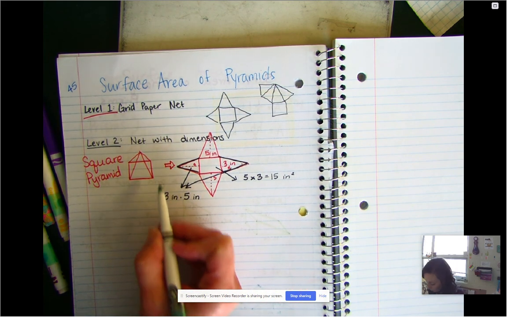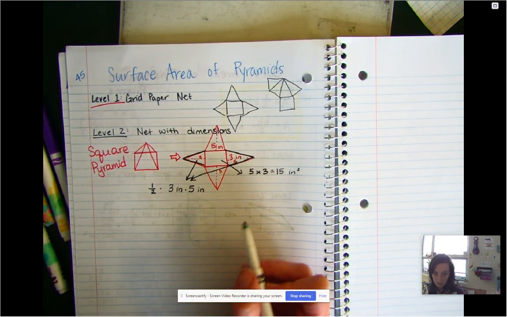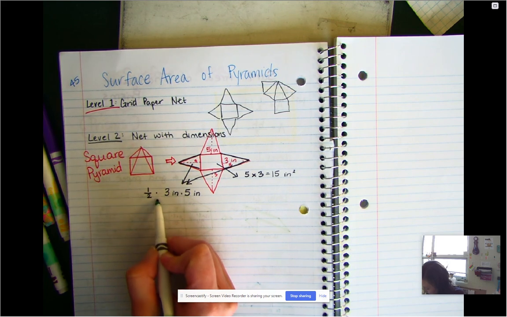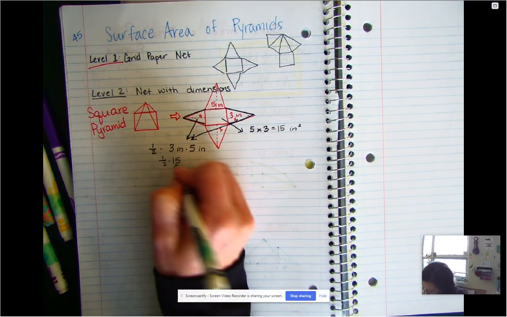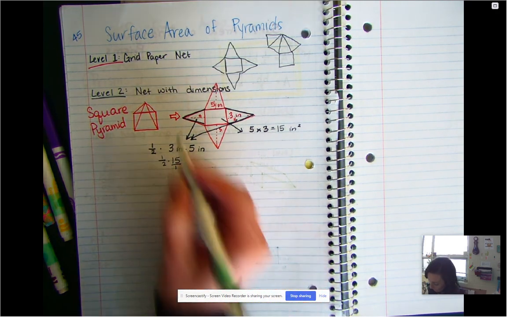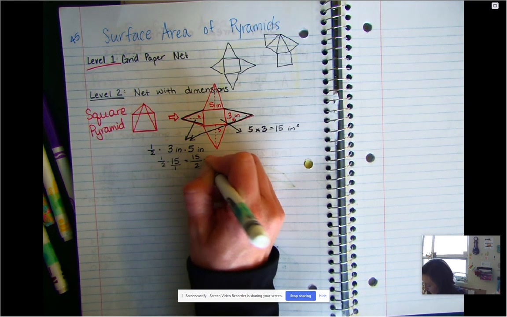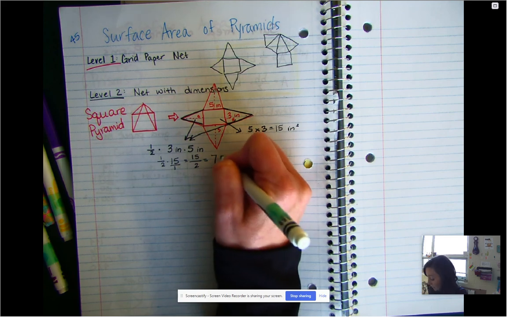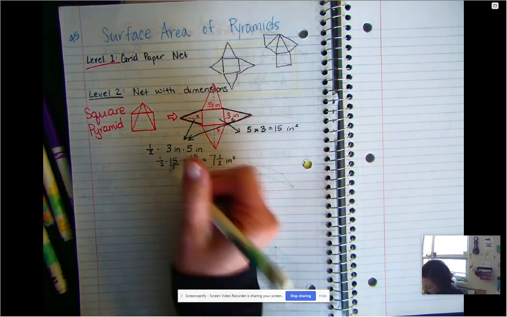But remember that whenever we're finding the area of the triangle, we're finding 1/2 of the base times the height. So what is 1/2 times 15? Whenever I multiply fractions, I can pretend there's an imaginary 1 on the bottom. 1 times 15 is 15, 2 times 1 is 2. 15 halves, written as a mixed number, would be 7.5 inches squared. And that is the area for both of these.